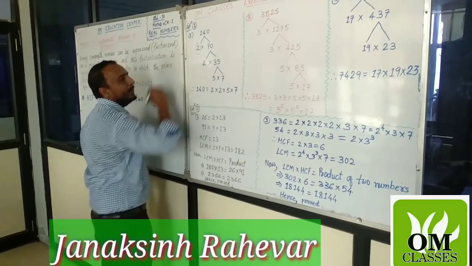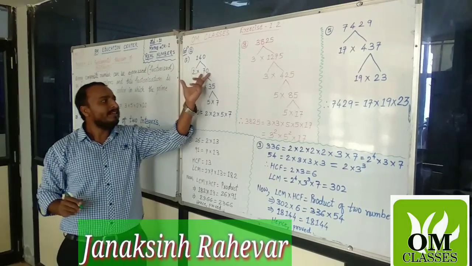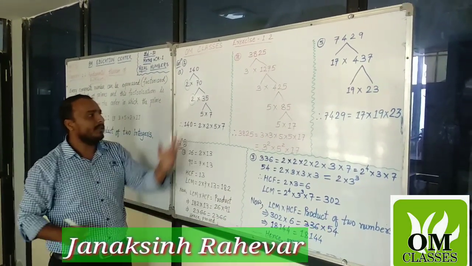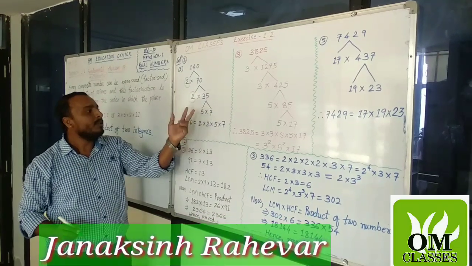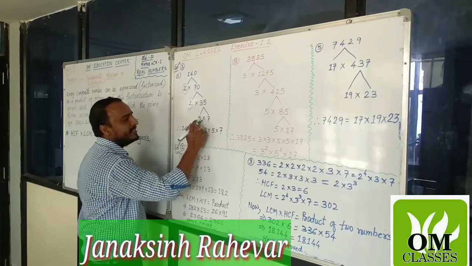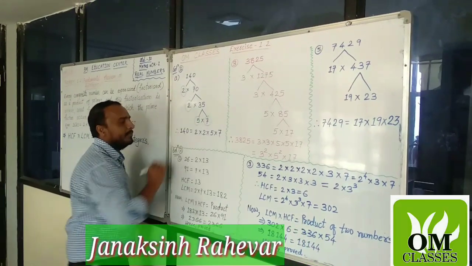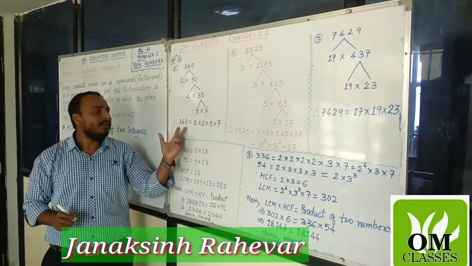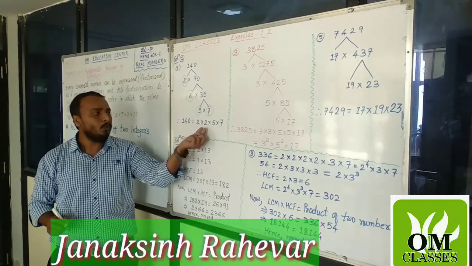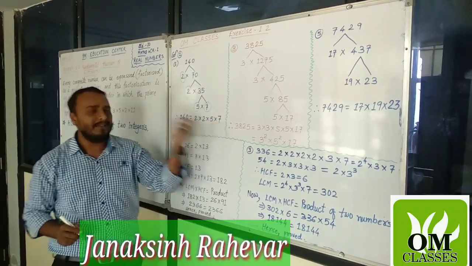Now 2 is a prime number. 70 divided by 2 is 35, and 2 is again prime, while 35 is composite. So we can write 5 sevens are 35, and 5 and 7 are both prime numbers. So we have written 140 as a product of prime numbers, that is 2 into 2 into 5 into 7.